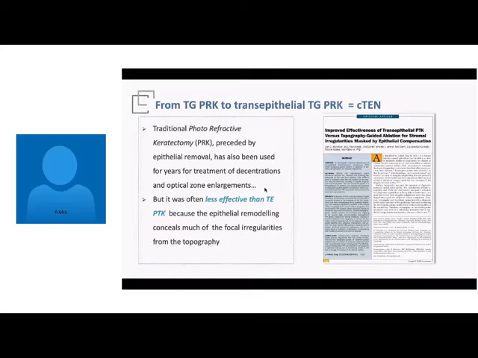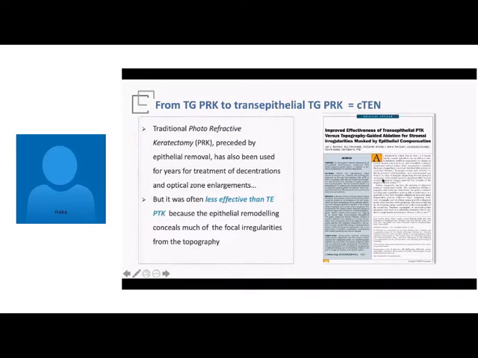But it could not treat irregularities where significant epithelial remodeling occurred, because they would be concealed from the corneal topography, and then we will not be able to treat with the normal topography-guided unless it's transepithelial.